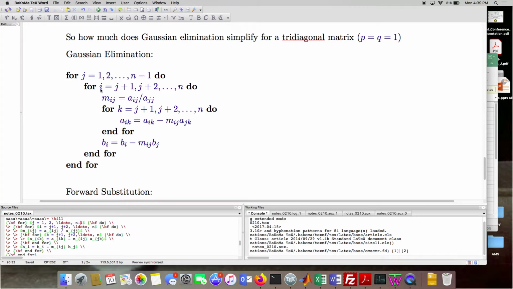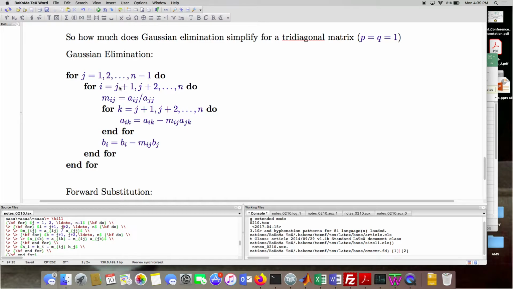But in whatever column J I'm in, I only have to eliminate the entry right below it, which is in row J plus 1.